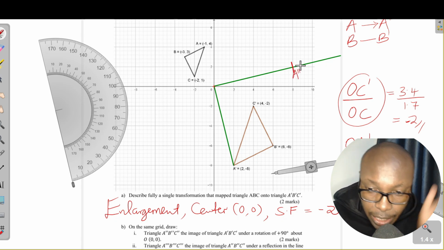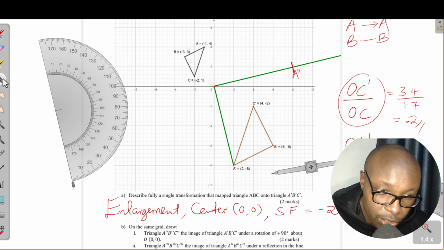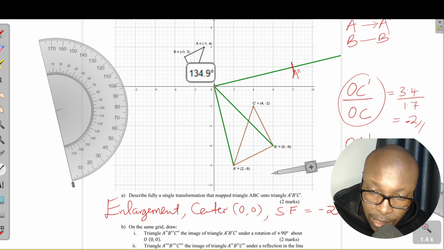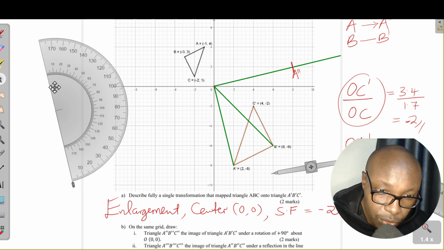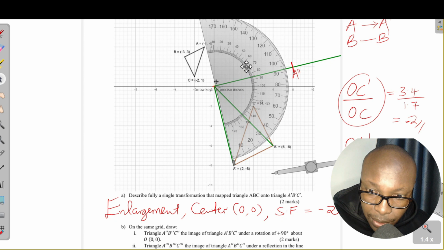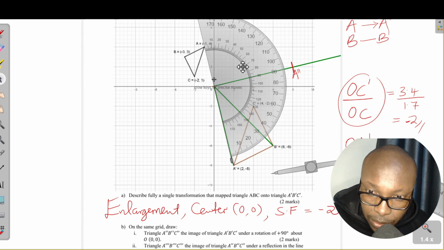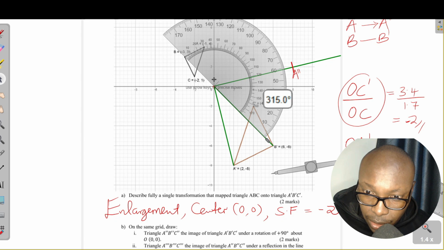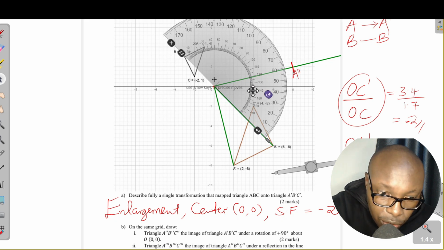Now we go to B, join B to the origin using a straight line. And then from there, you measure 90 degrees. So this is how you place your protractor, the central part of the protractor. And then you place it along that line. I want you to note how you place that.